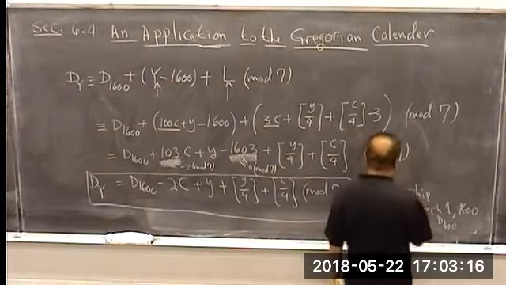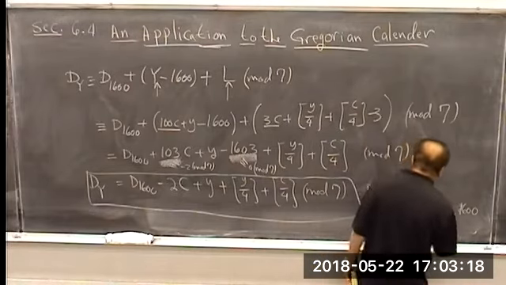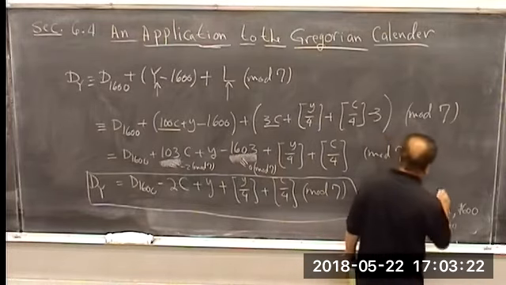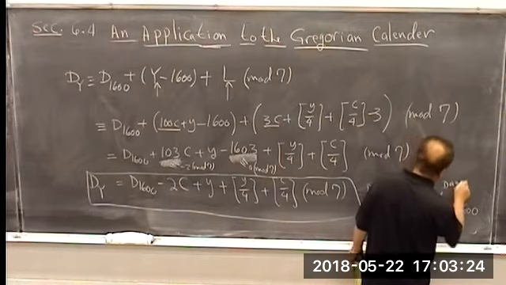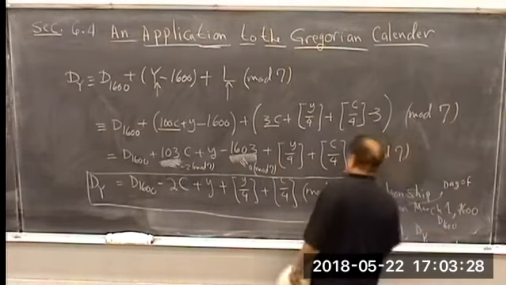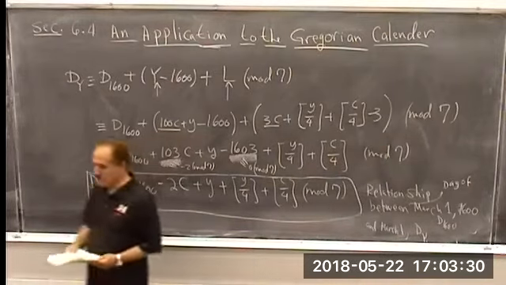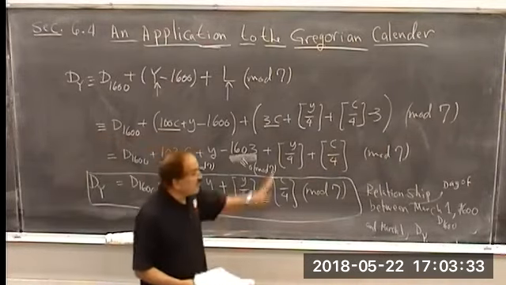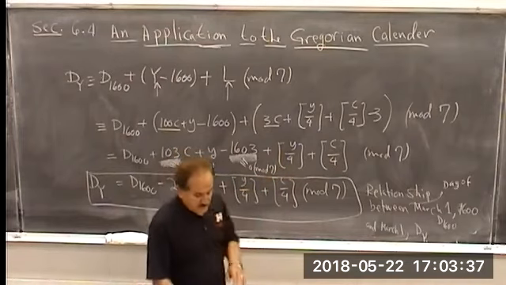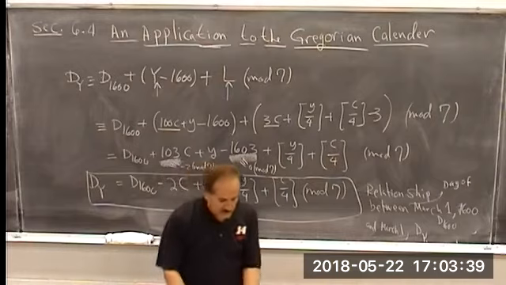Sorry, this is the relationship between the day of March 1st of any year and the day of year 1600. Y could be anyone. So if we know one of them, then we know the other one. So this relationship actually goes both ways.